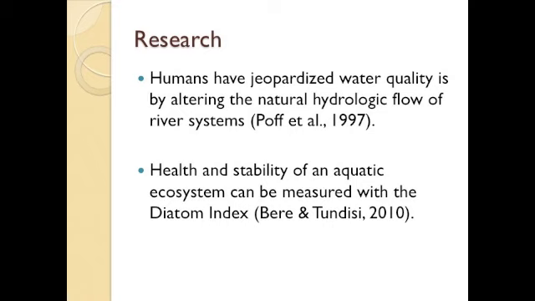This information here says, we know Pof et al., if you change the hydrology, we have issues with water quality, so that's a foundational research paper. And then the health and stability of the system can be measured with a diatom index. There are many of these, so I'll explain the one I picked.